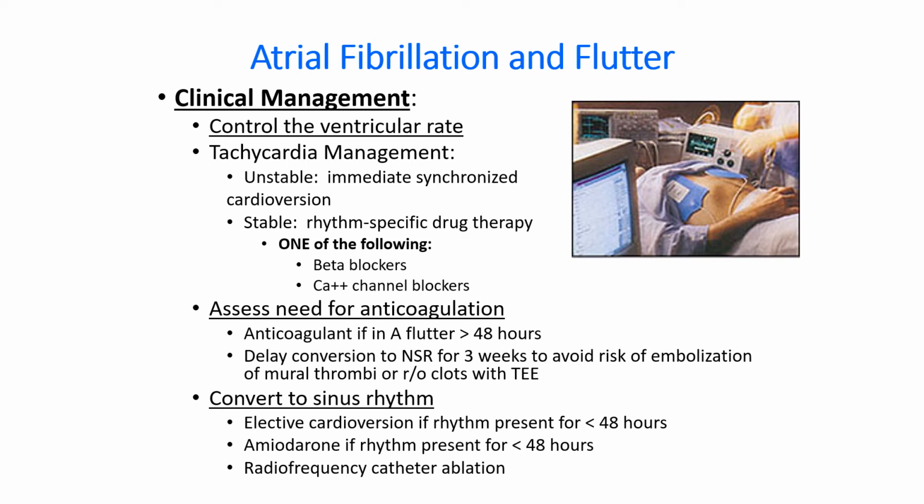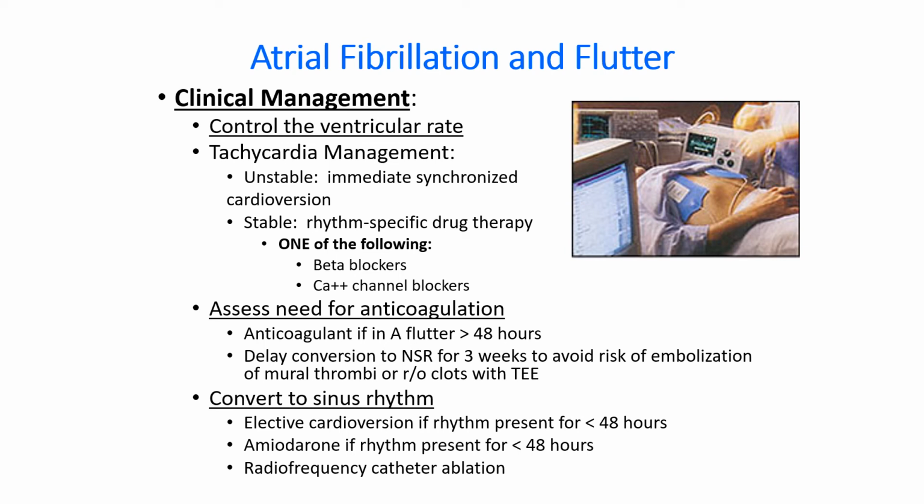So it is important to try and anticoagulate patients who've been in atrial fib or flutter greater than 48 hours. If it's been 3 weeks with delayed conversion to normal sinus rhythm, you can avoid the risk of embolization, or by ruling out clots with a TEE, a transesophageal echocardiogram.